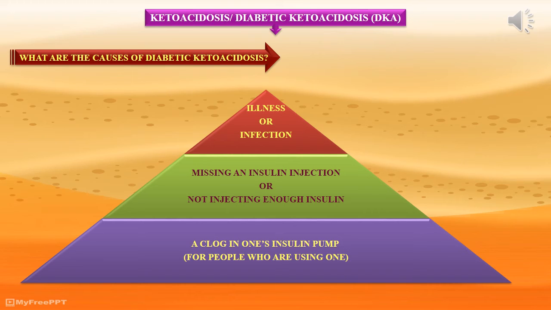For people who are using a syringe or a pump, a clog that occurs can also lead to DKA. So what are the causes? Illness or infection, missing an insulin injection or not injecting enough insulin, a clog in one's insulin pump when you use one pump all the time.